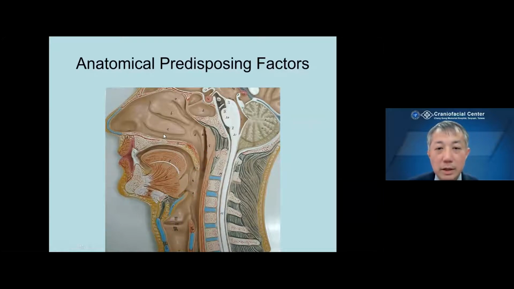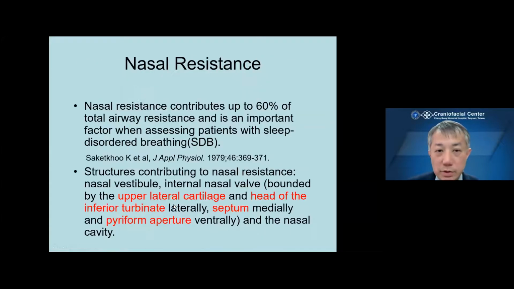And we know that the epiglottis plays an important role in the lower airway. And adenoid tissue and eventually the framework of the skeleton, we have to look into the structures.